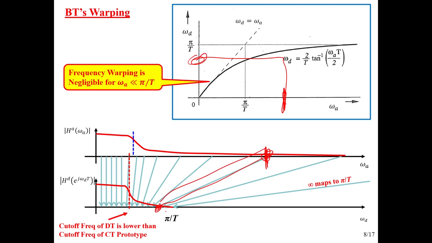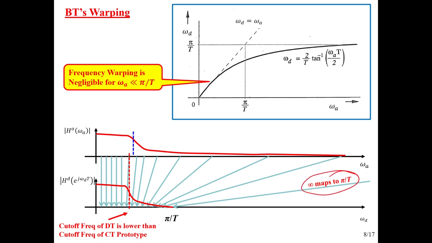So it gets mapped in. It's got to be inside the pi over T. So this little point here maps to this little point there, and so on and so on. All the way out to omega sub a equal to infinity maps in right here.